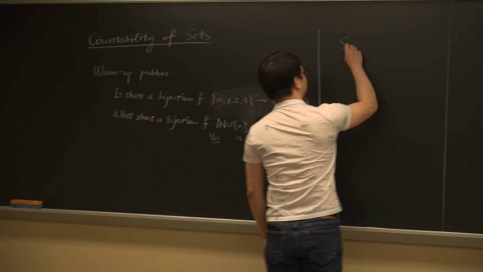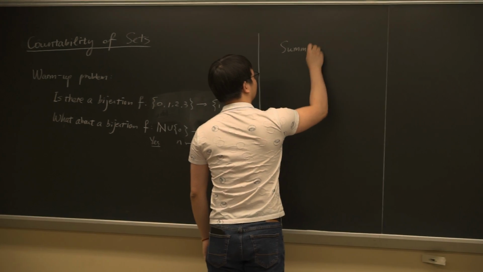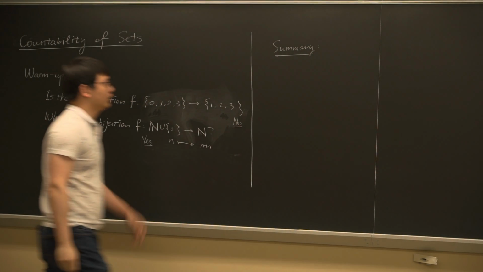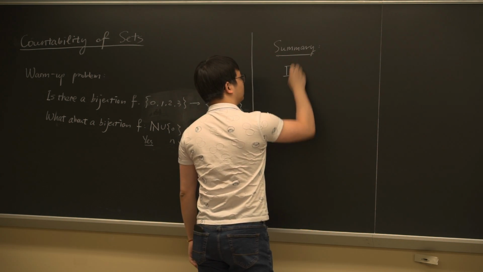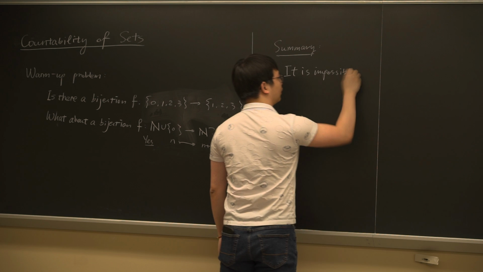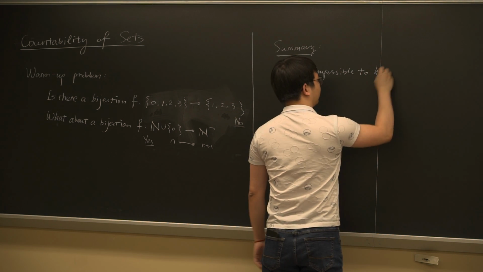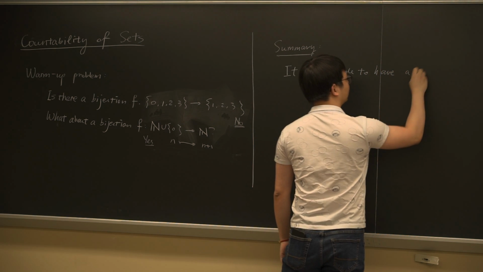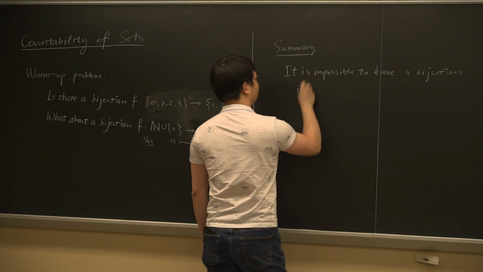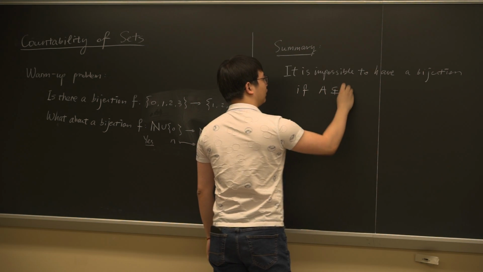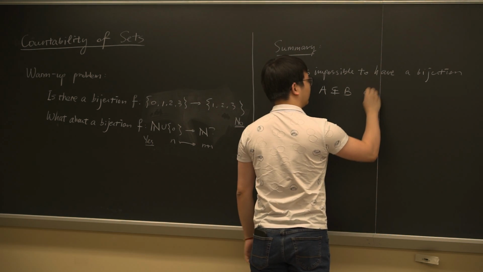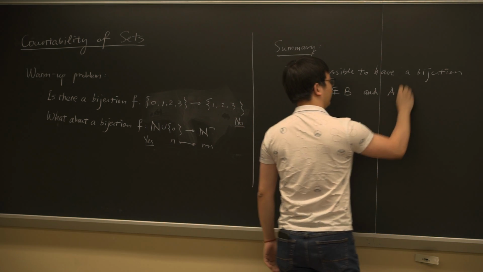So to summarize, we find the following thing. It is impossible to have a bijection if A is a subset of B and A and B are finite.